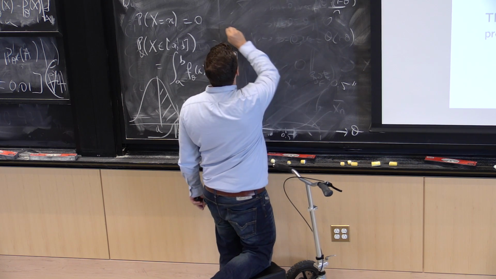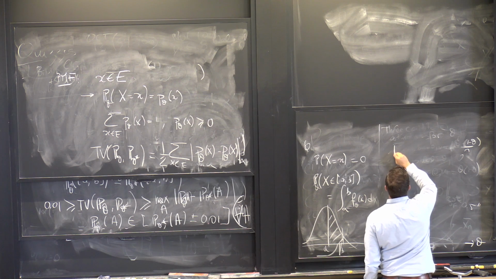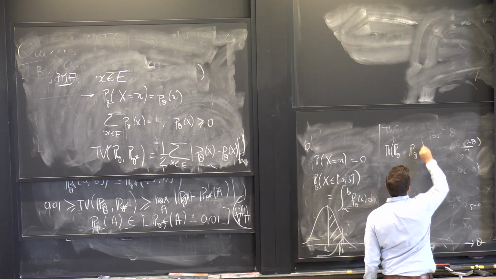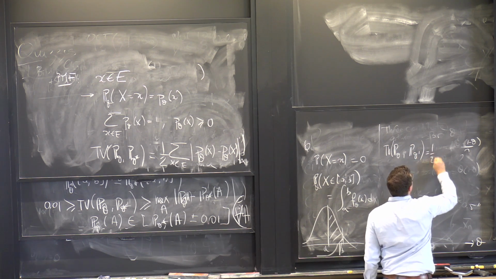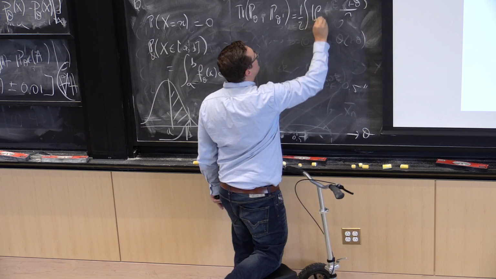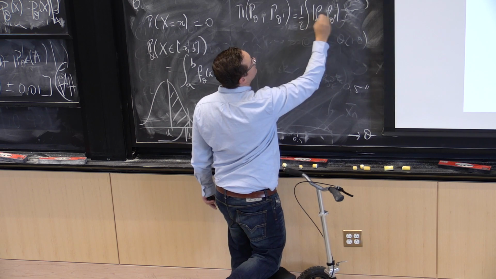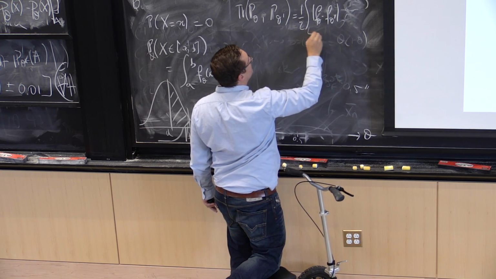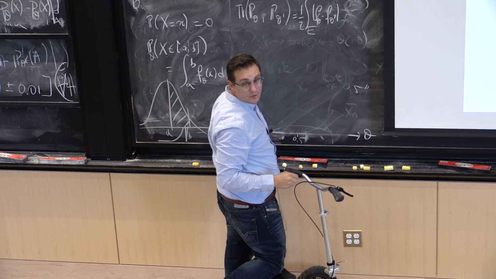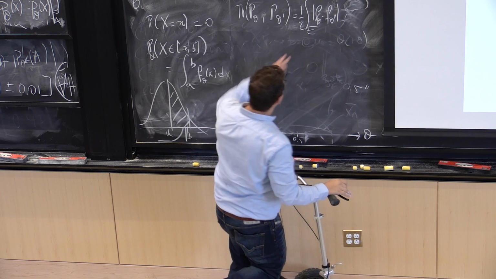Okay? So if I look at the TV between p theta and p theta prime, this is equal to 1/2 of the integral of the absolute value of f theta minus f theta prime. And when I don't write it, so I don't write x dx, but it's there, and then I integrate over E. Okay?